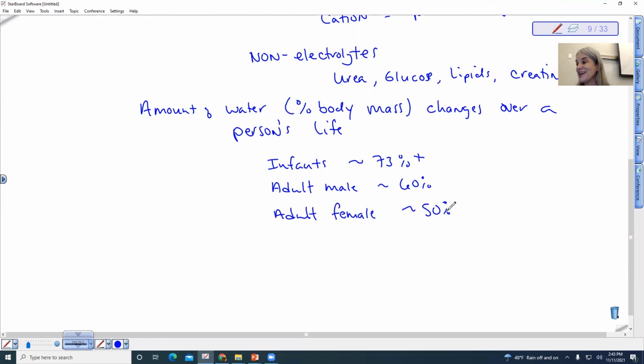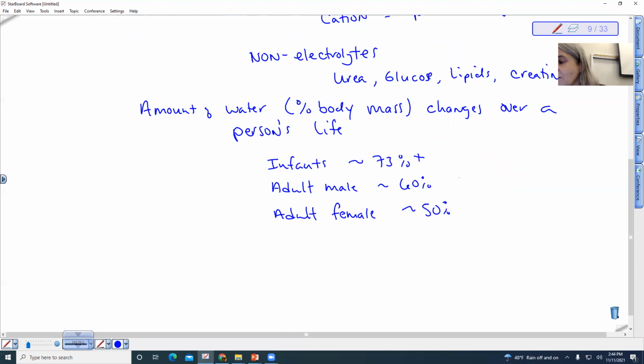One of the reasons for this is that your muscles have more water in them than your fat. Fat, lipids are nonpolar and they repel water. When we look at the body mass of females, they have more fat.